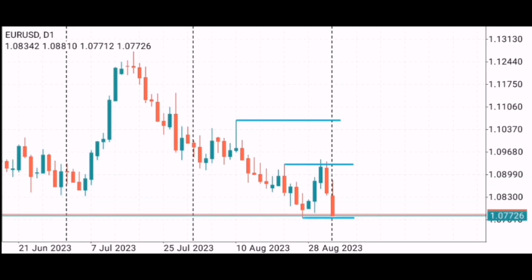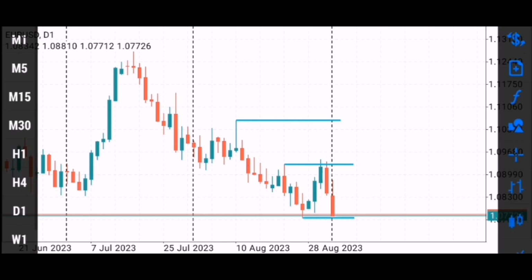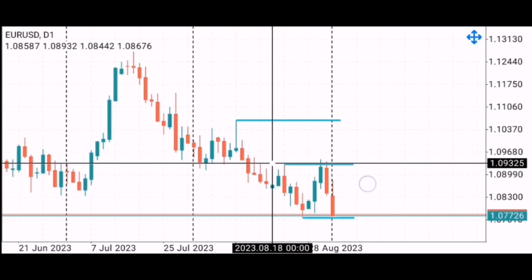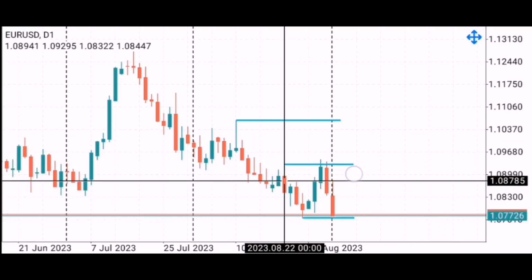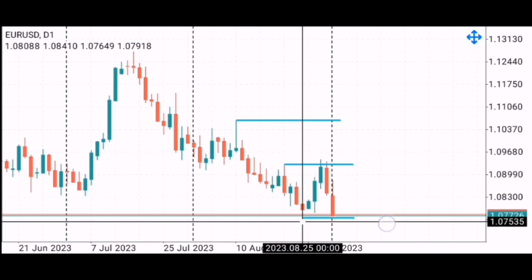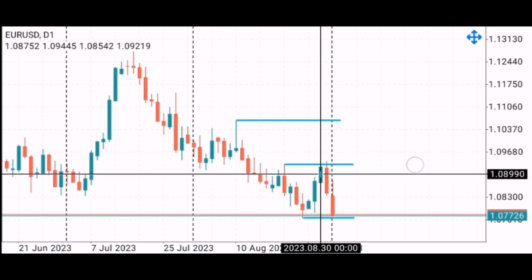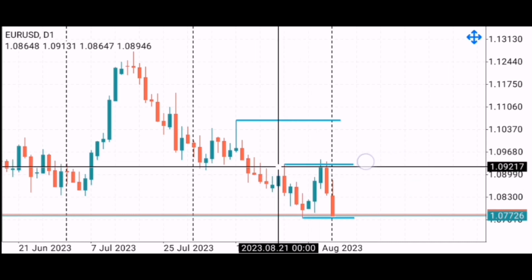How a liquidity sweep looks like, it's right here before us on Euro USD. Price trades to the downside, and after trading to the downside, we see it trade into a pool of liquidity.